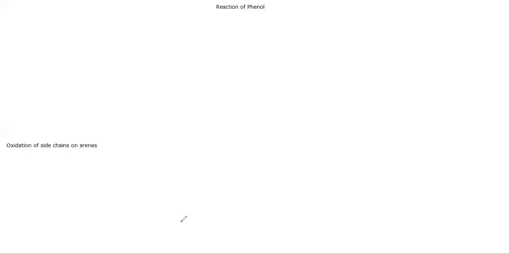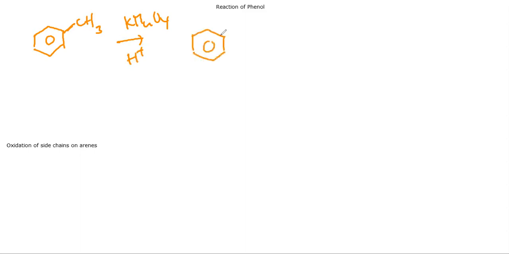For example, I have methyl benzene. So this is the methyl. If I add KMnO4 in the presence of H plus, then I can get the species, which is benzoic acid.